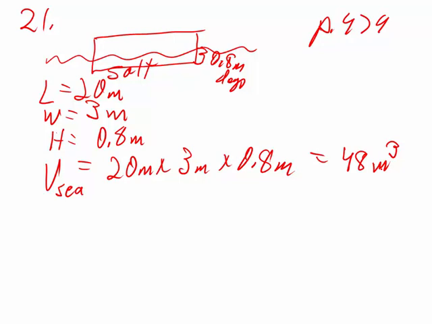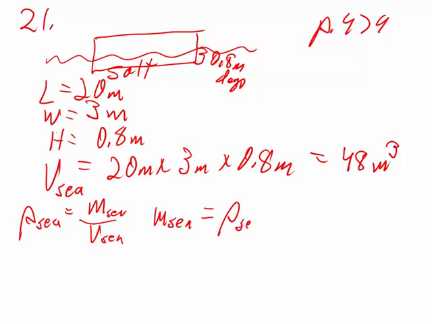Okay. All right, well then we know by definition that the density of anything is equal to the mass divided by the volume. So the density of the seawater is the mass of the seawater divided by the volume of the seawater. So let's find the mass of the seawater. The mass of the seawater is equal to the density of the seawater times the volume of the seawater.